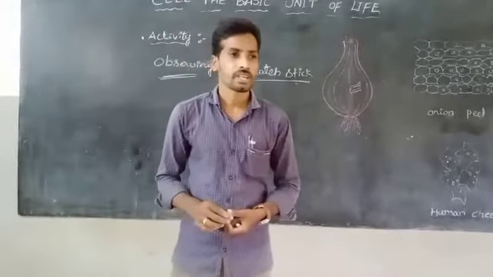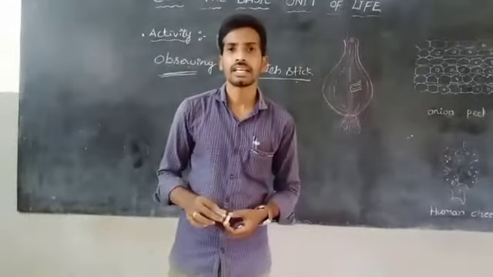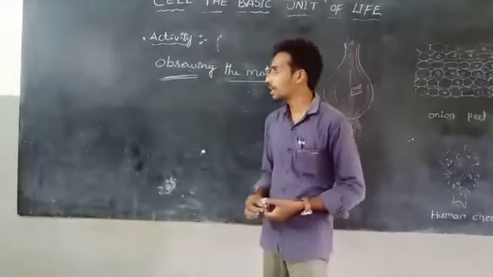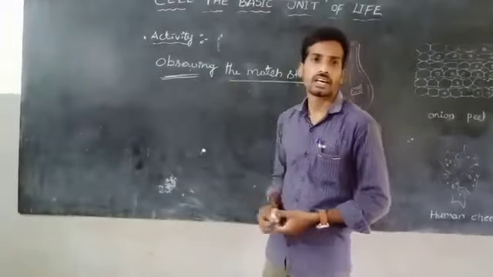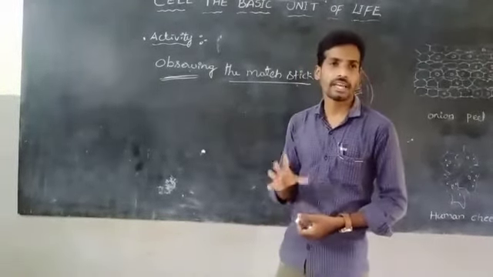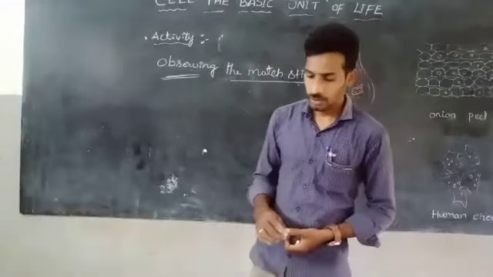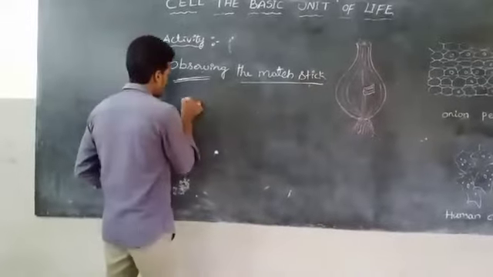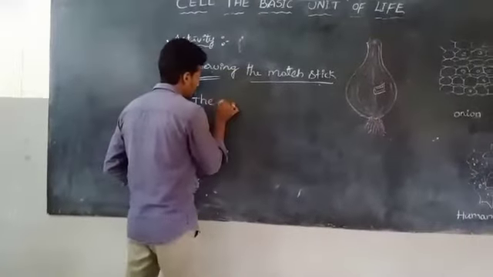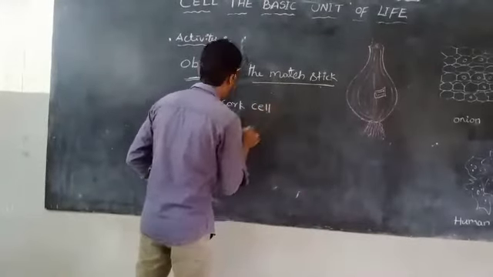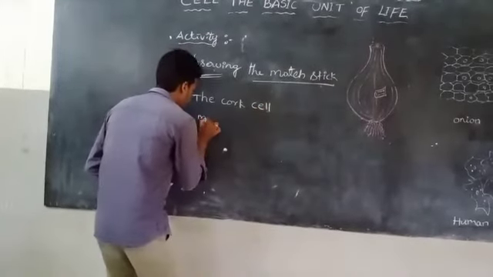It is very wonderful, and it was a milestone to know the cell discovered by Robert Hooke. So these are the cork cell and the matchstick cell.